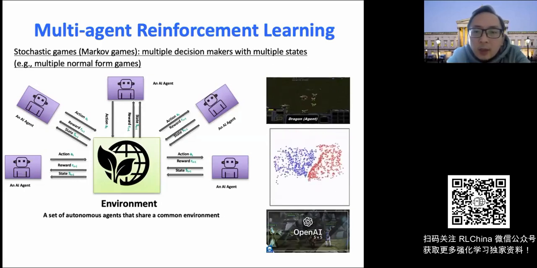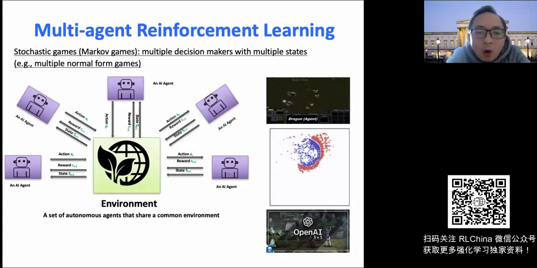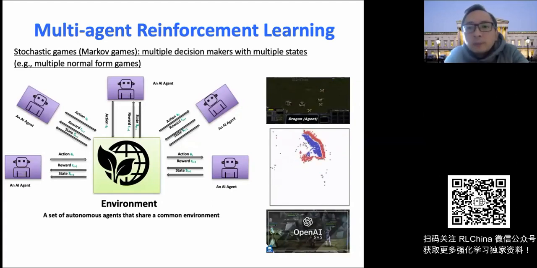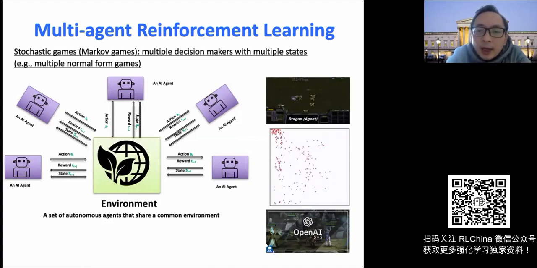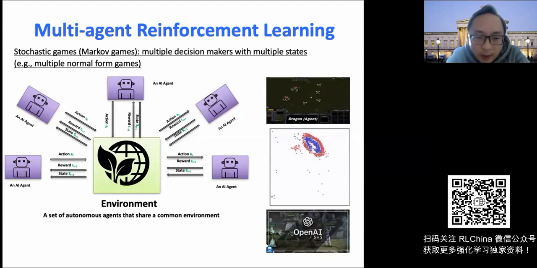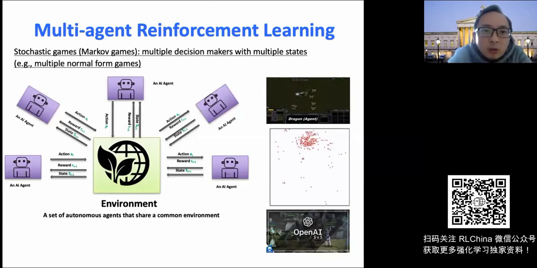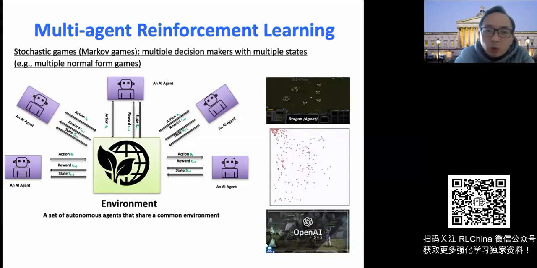Many interesting interaction problems, like video games and other more practical cases, can be formulated as a Markov game, and therefore can be solved by so-called multi-agent reinforcement learning. And we certainly will be covering this in this module.